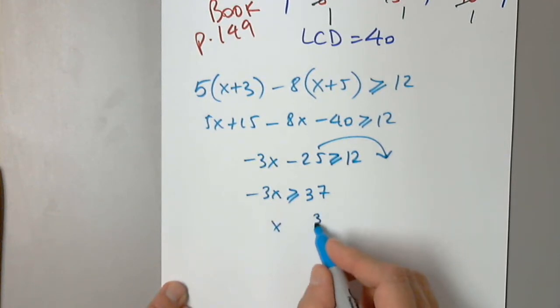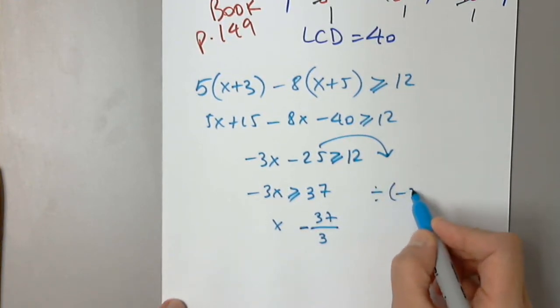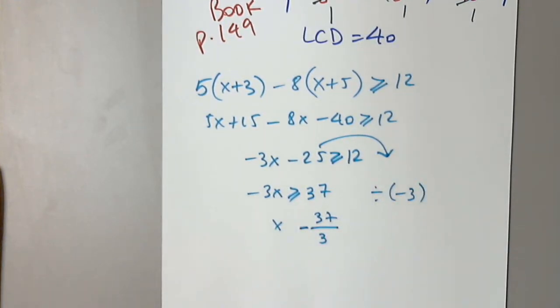And x and 37 over, we divide both sides by negative 3. And we discussed this some time ago last week. What happens to the sign? The sign was flipped. Yes, because we divided by a negative number. We want to present the answer in interval notation.